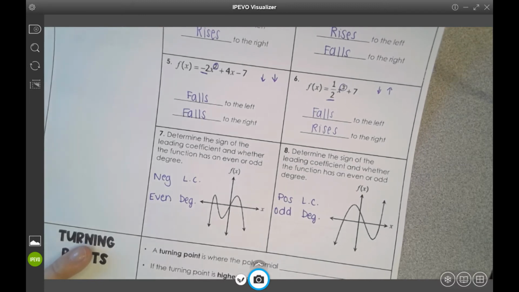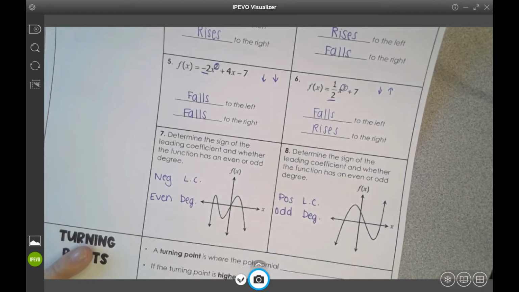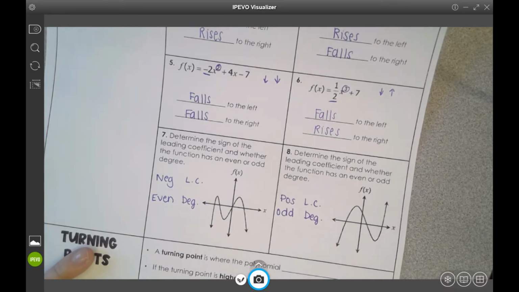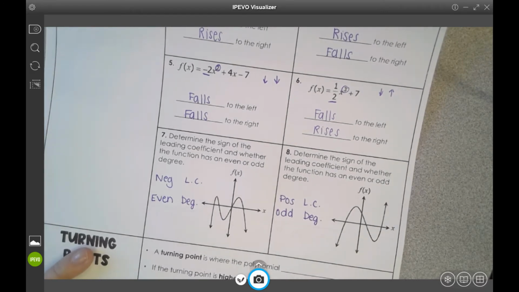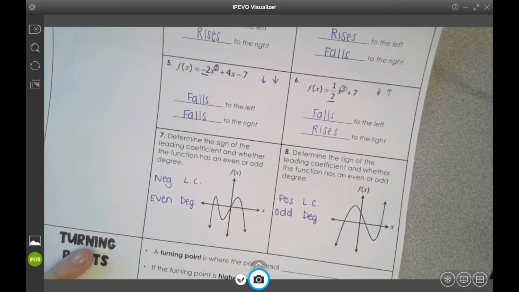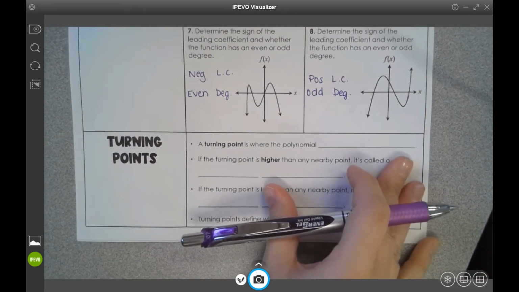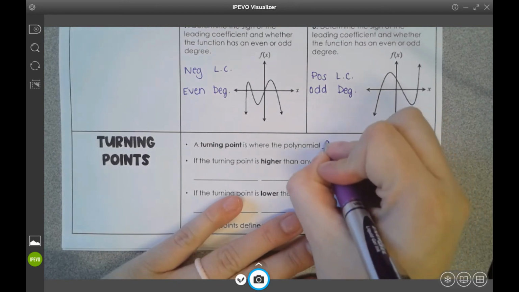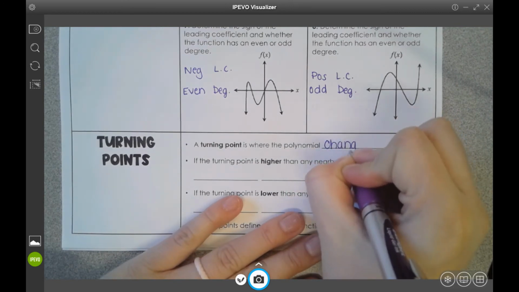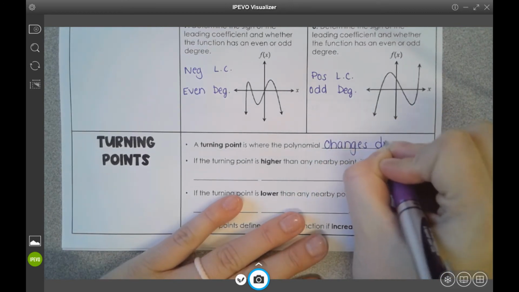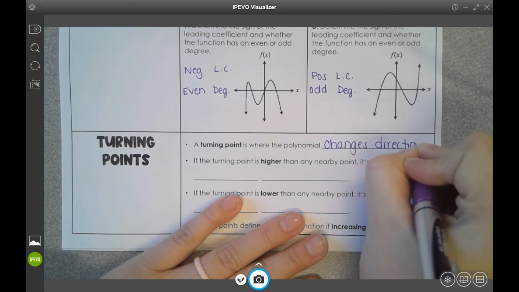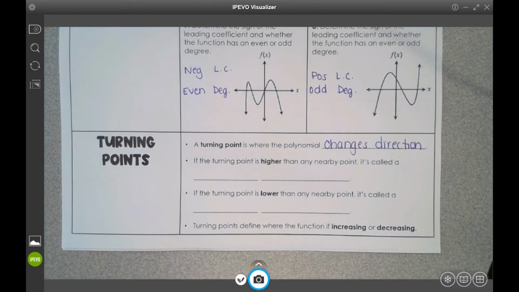Those points at the very peak or the very bottom valley are called your turning points. So a turning point is where the polynomial changes direction. So it goes from going up to down, up, down.